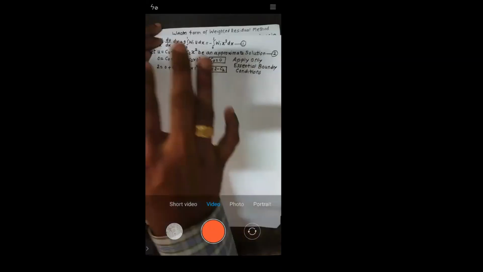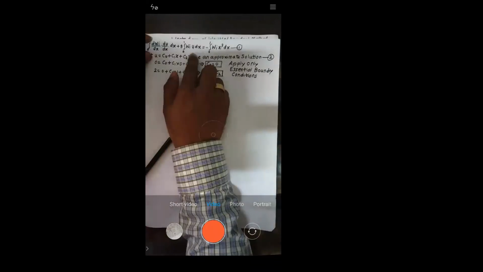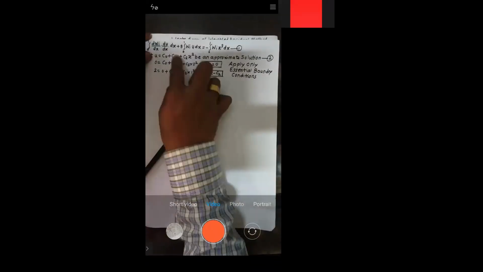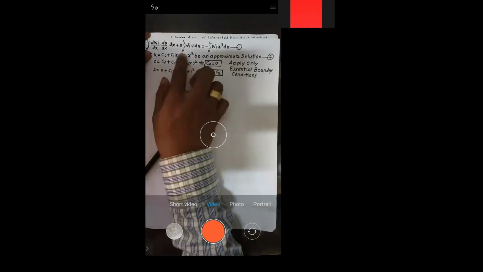But if you take the power of x at least one greater than the order of the differential equation, there are more chances that the answer will be closer to the exact answer.